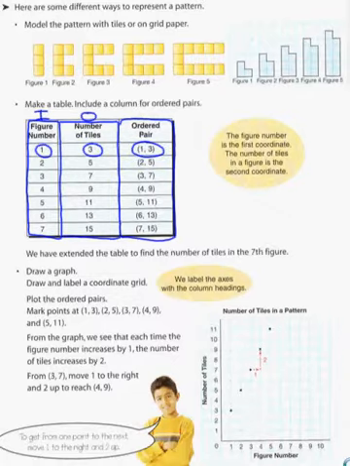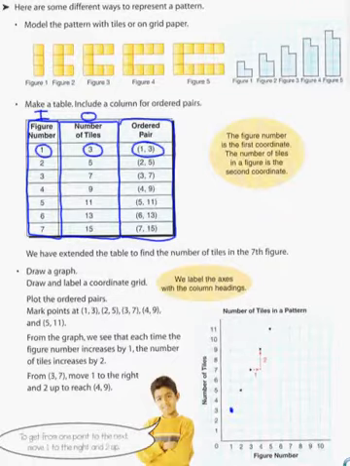So let's take this first figure number and the number of tiles, and we get our ordered pair 1, 3. If you look down at the graph in the bottom right hand corner, you can see our first dot right here. I'm putting a big blue dot on it, and that is our ordered pair of 1 and 3.